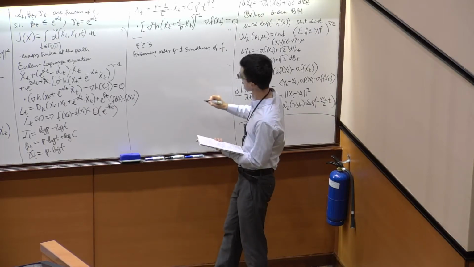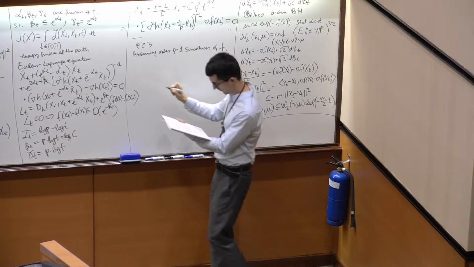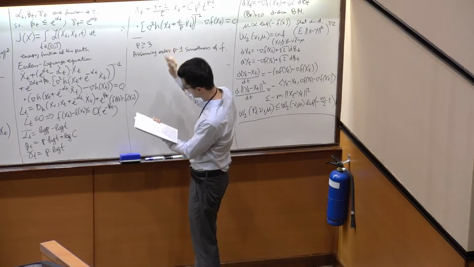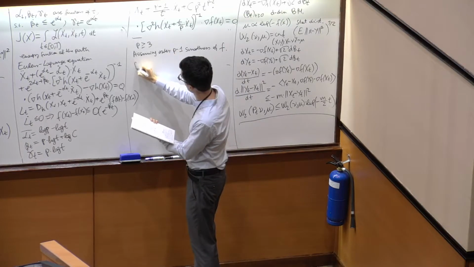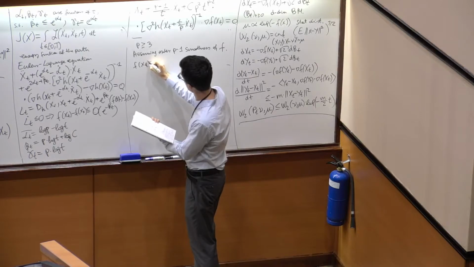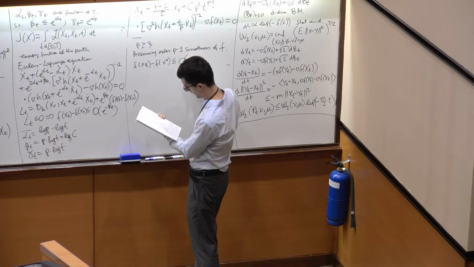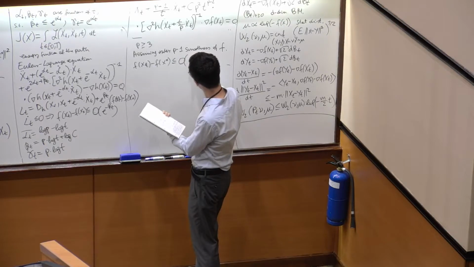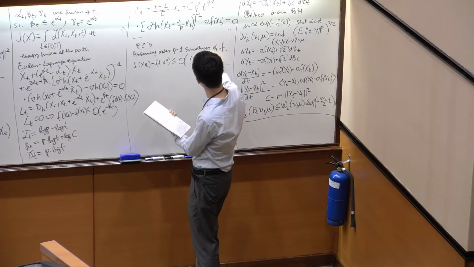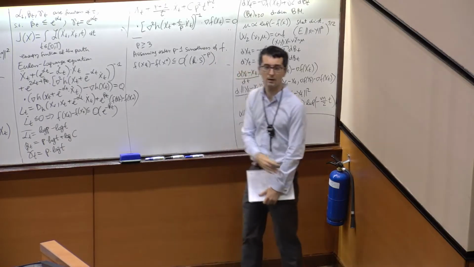So you can come up with a discretization that has convergence rate of order k times s to the minus p. Okay?